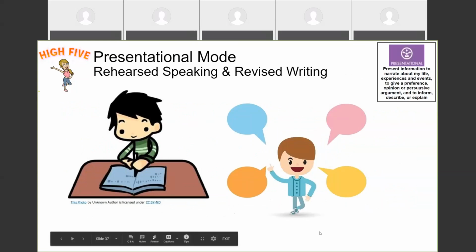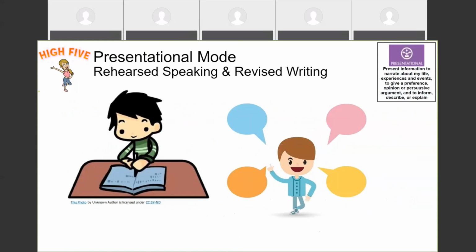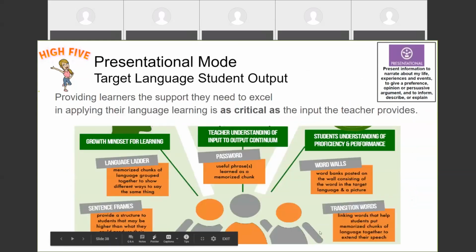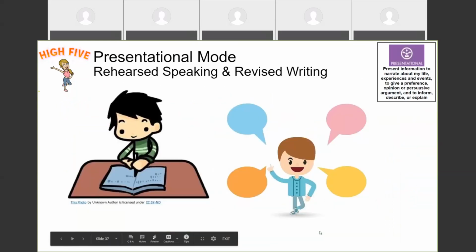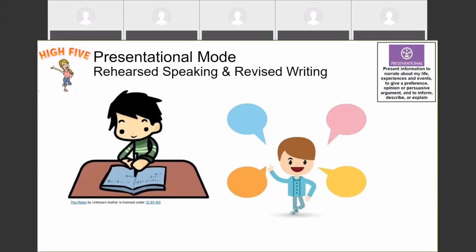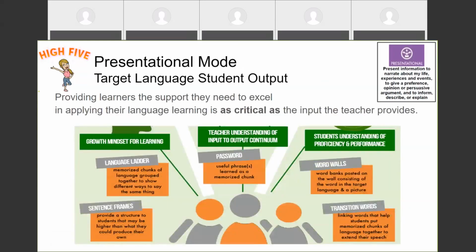Memorized phrases, memorized vocabulary and sentences, and being able to put those together. These are both good ways to facilitate the presentational mode, providing the scaffolds and support that they need to keep them in the target language along the way. When we're talking about presentational mode and we take a look at the target language output on behalf of the student, we have to make sure that those supports are in place.